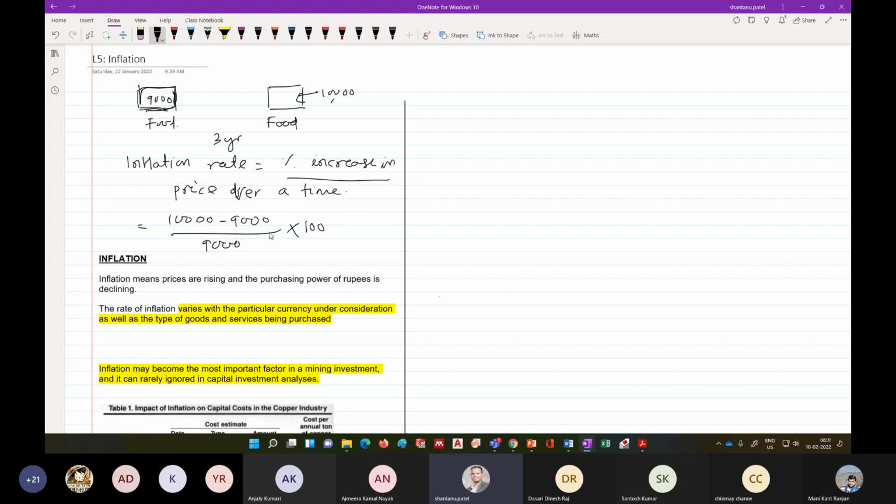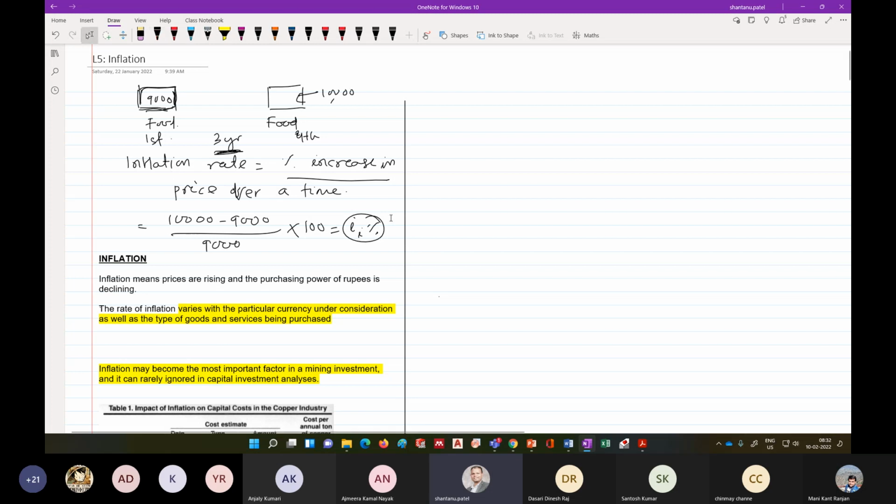This can be from your first year to your third or fourth year. In your 3 years, this percent is the inflation rate.